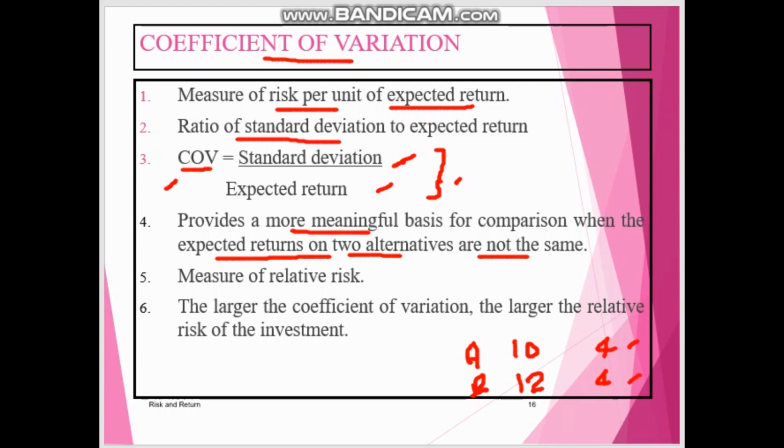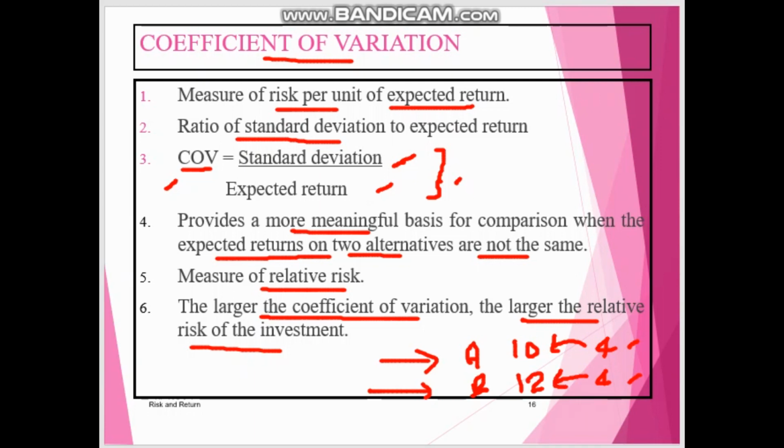Number 5, it is a measure of relative risk. Number 6, the larger the coefficient of variation, the larger the relative risk of the investment. So if we fall in this kind of situation, we have to calculate the COV, taking the standard deviation divided by expected return.